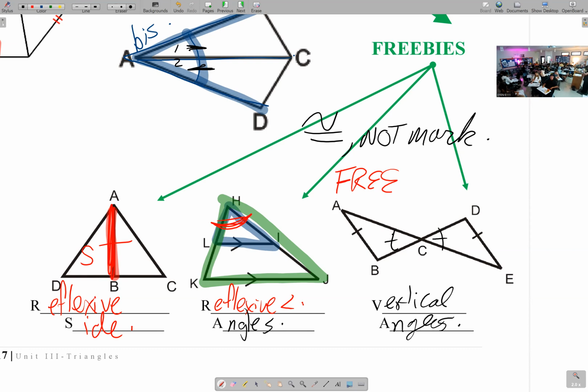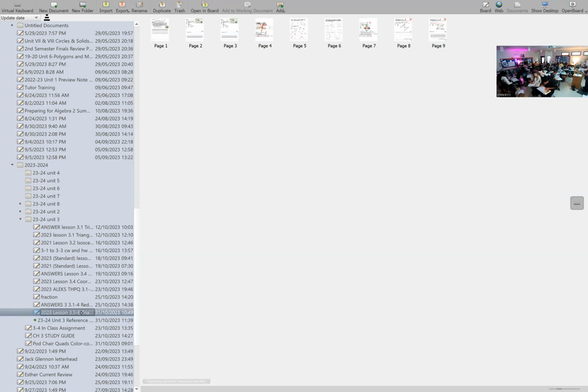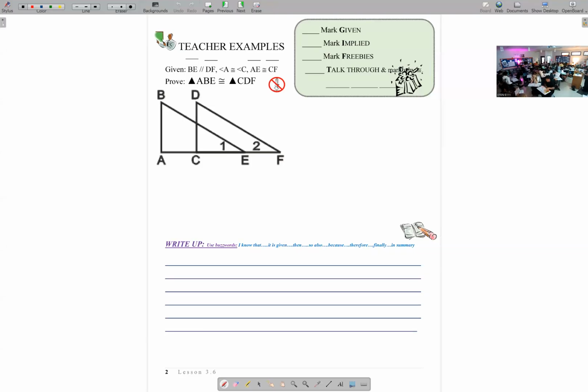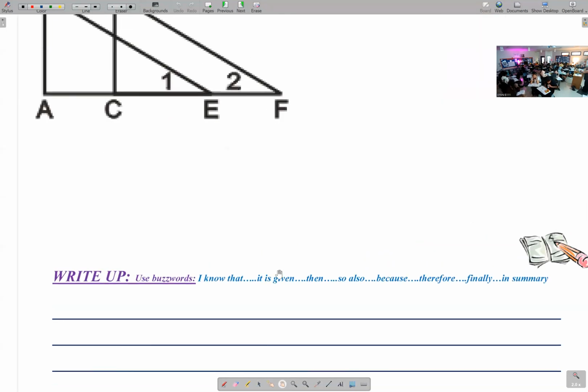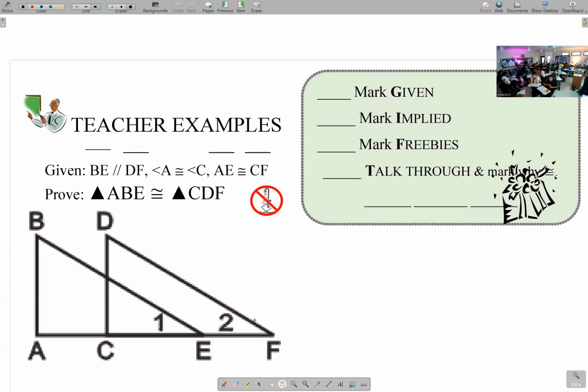Go to the first page of today's lesson. All right, I'm going to walk you through two of these, what are called proofs. Proof just means explain. Don't get hung up on the word proof. You're just explaining stuff. I'm going to give you 30 seconds.